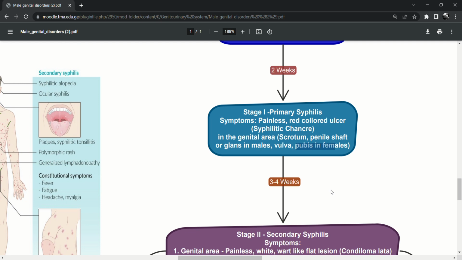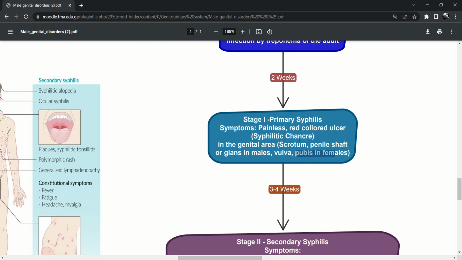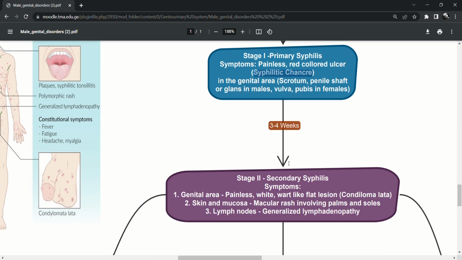Right. So this chancre is like an ulcer, which is filled with spirochetes inside. So it's highly infective, and as it's a sexually transmitted infection, contact of the mucosa with the chancre can infect another person during sexual intercourse.